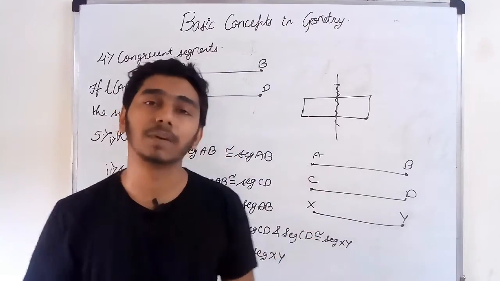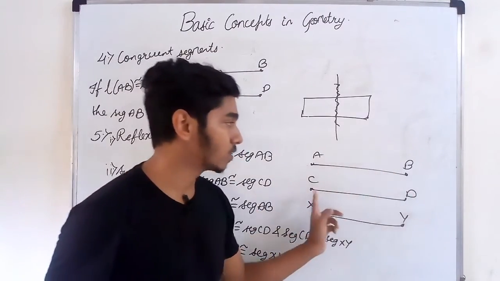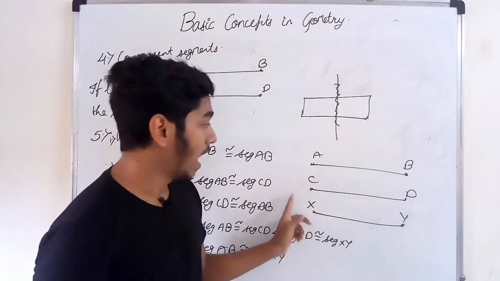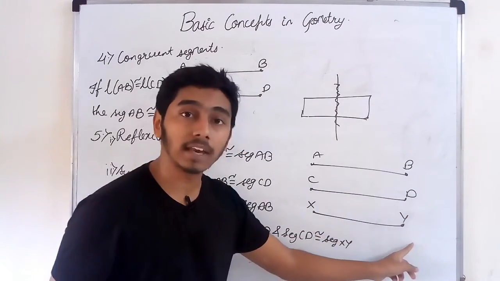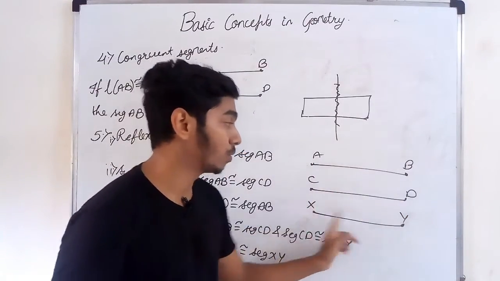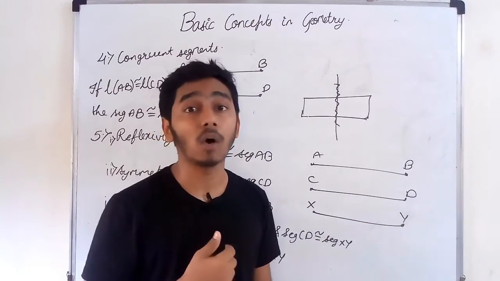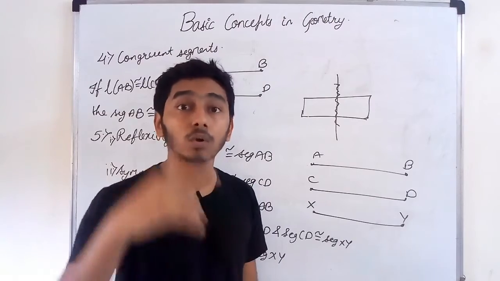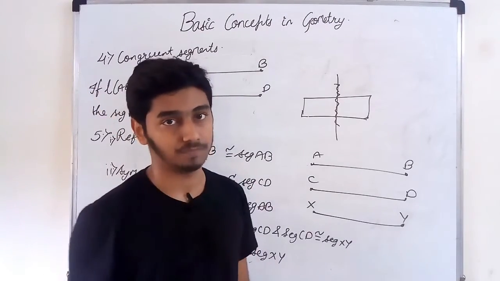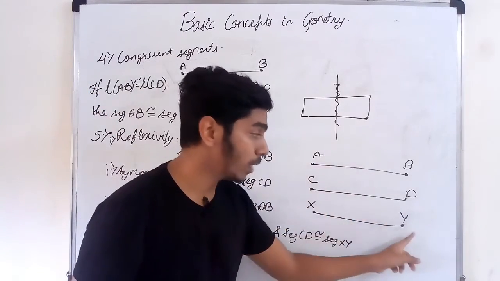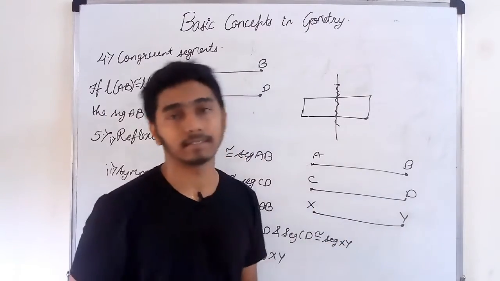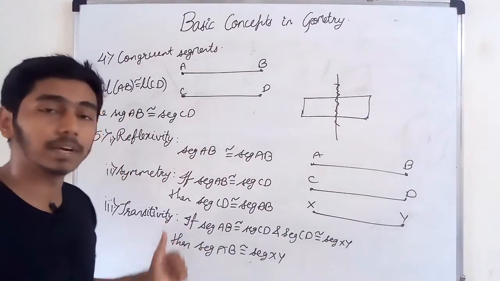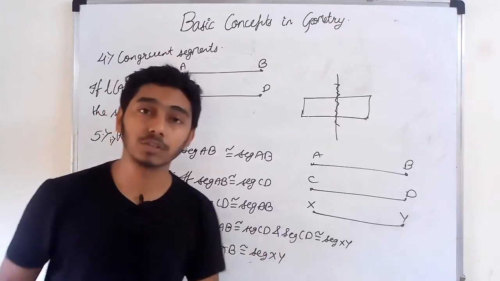So that's what transitivity is. If AB is congruent to CD, and CD is congruent to XY, then AB is congruent to XY. Same way how I am sharing the video to your friend through you, AB is congruent to XY through CD. That's what transitivity is. I hope you understood.